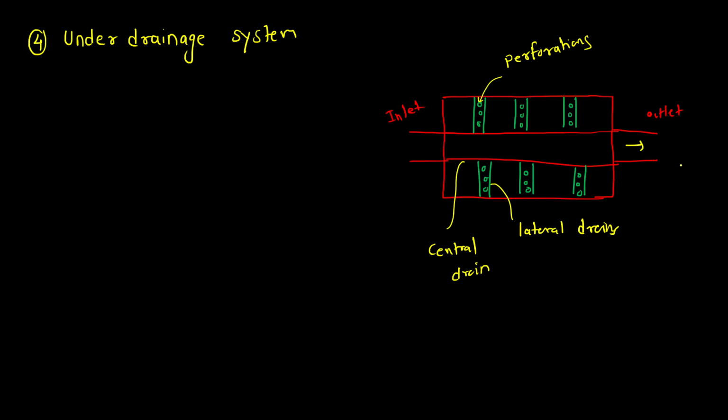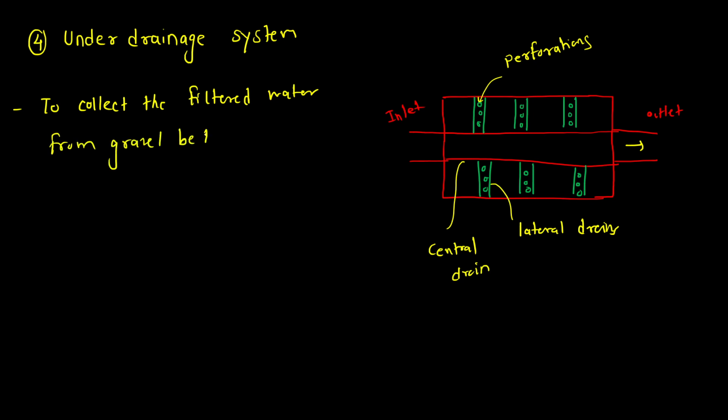So this is the clear water. So what is the purpose of the under drainage system? To collect the filtered water from the gravel bed. So there are inlet and outlet arrangements which are given, which collect the water.